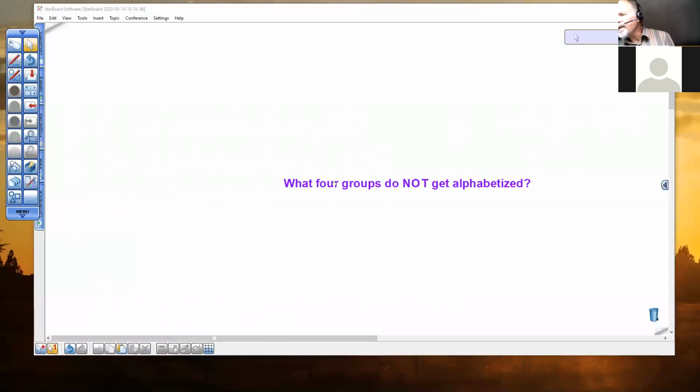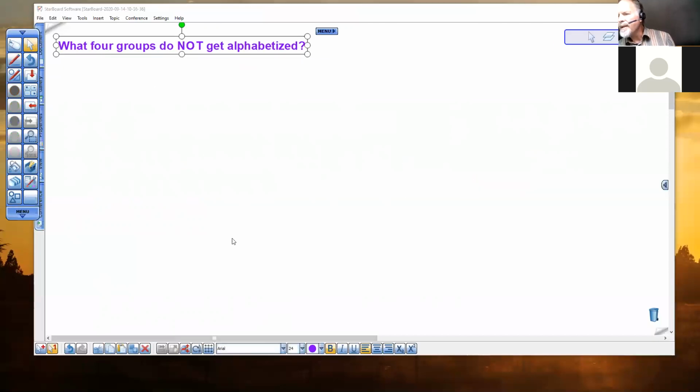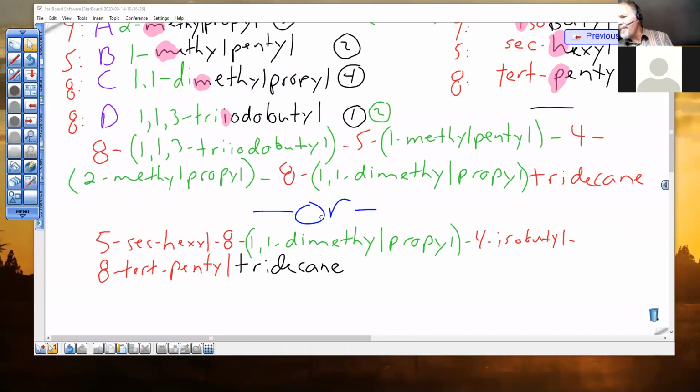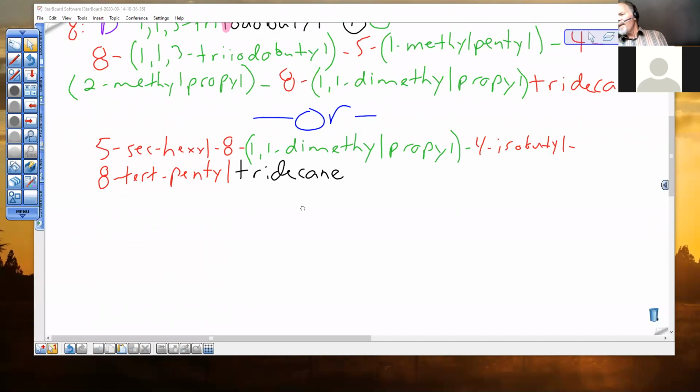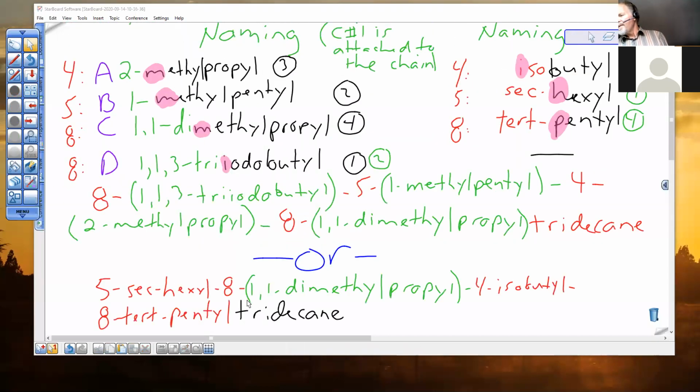Okay. And I'm going back a page. And where did I go wrong? Last name? This one or this one? No, the last one. I think it was the one after 8. It was supposed to be the triiodobutyl instead of the dimethyl I grabbed. Wrong systematic name. I thought I was so clever, didn't I? And I'm paying the price now. I'm glad you caught that.